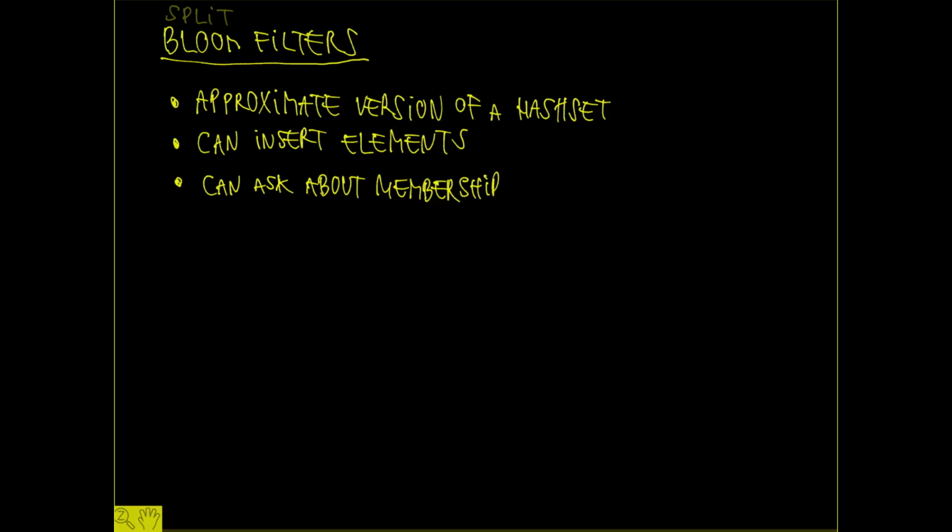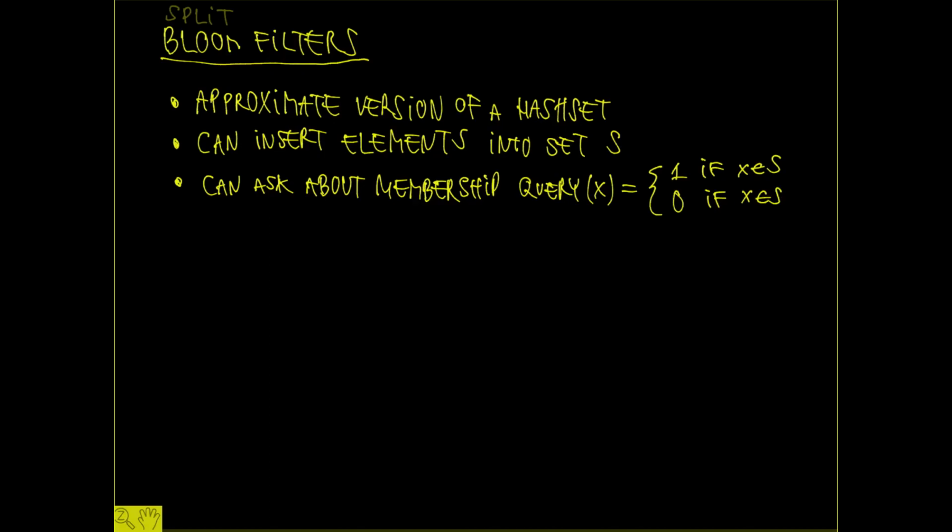So a query for an element X. Let's call the set of elements that have been inserted S. A query is supposed to answer yes or 1 if the element is in the set. A normal dictionary, you would answer 0 whenever the element is not in the set. But now things are slightly different.